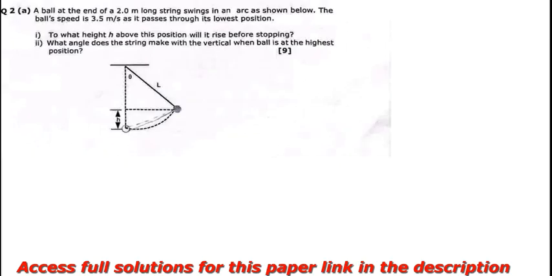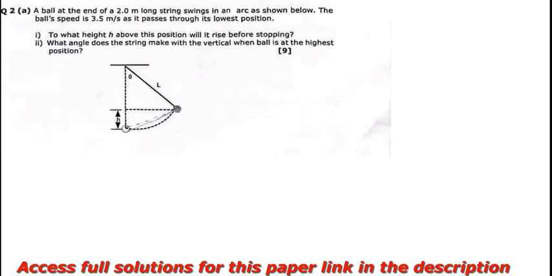The ball speed is 3.5 meters per second as it passes through its lowest position. To what height h above this position will it rise before stopping? Part 2: What angle does the string make with the vertical when the ball is at the highest position?